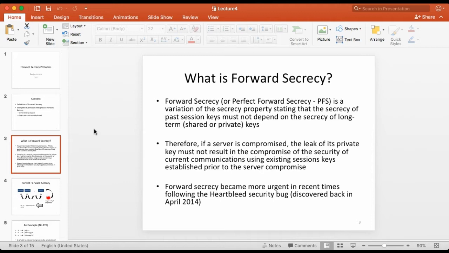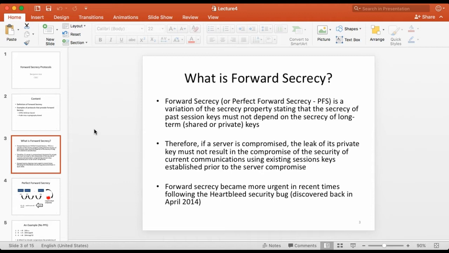Until about 2014, when the Heartbleed security bug became quite famous in the world, and the world went into panic, people knew about this sort of property, and they knew that it was important within the research community.